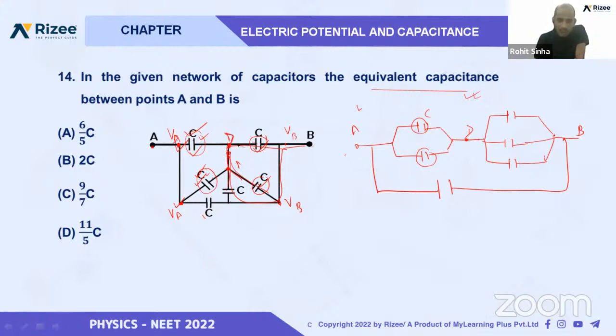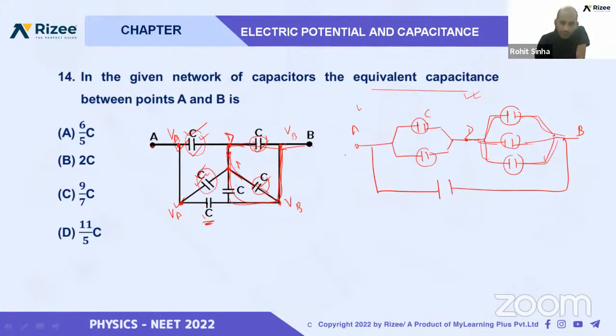All are connected directly, with no capacitor or resistance between them. So from D, three capacitors are connected, and their other ends are all connected to B. One capacitor is left, this one.